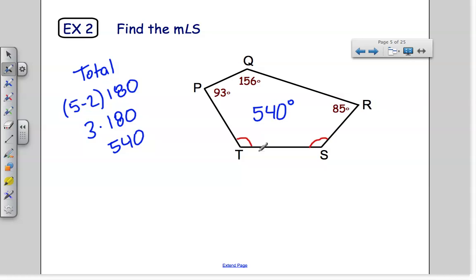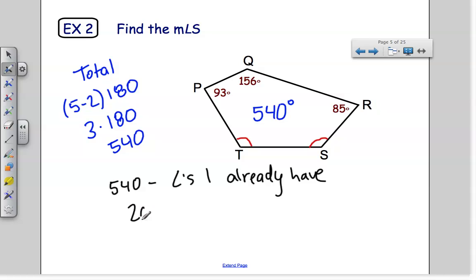But I gotta find what's left for these 2 angles, so I'm going to go ahead and subtract the angles I already have, given in the picture. So I'm going to do 540, I'm going to subtract 93, I'm going to subtract 156, I'm going to subtract 85, I'm just doing this on the calculator.